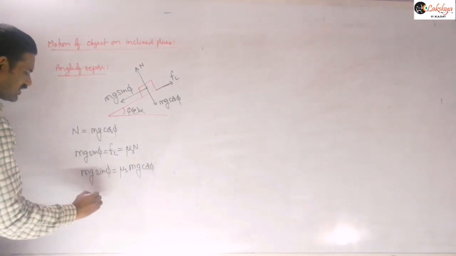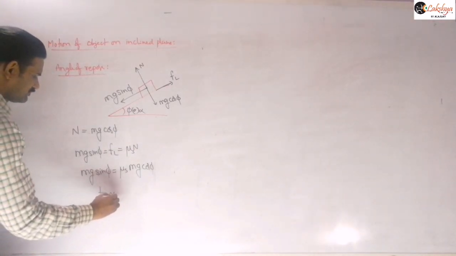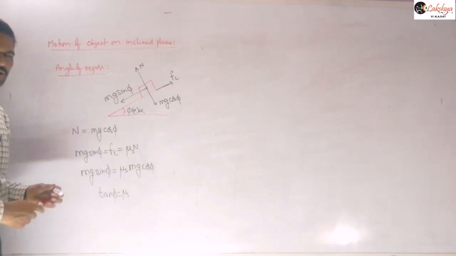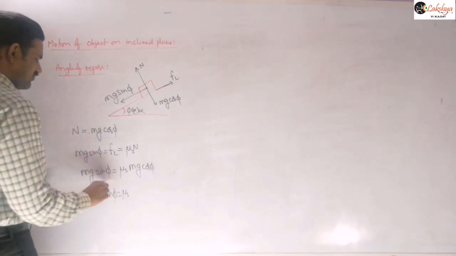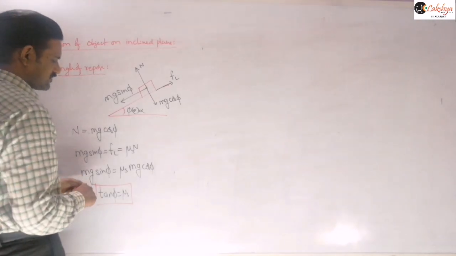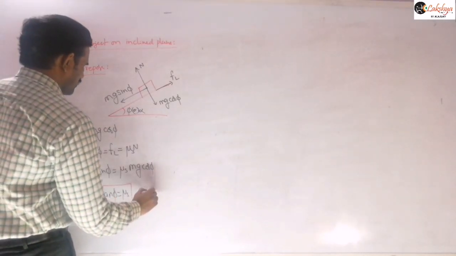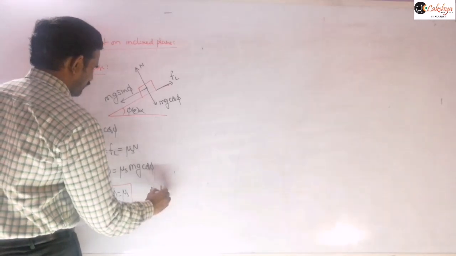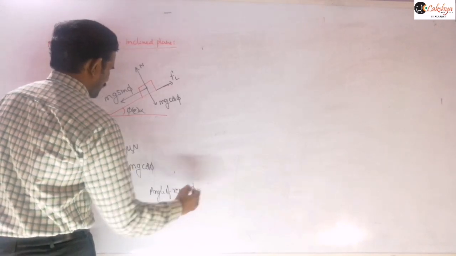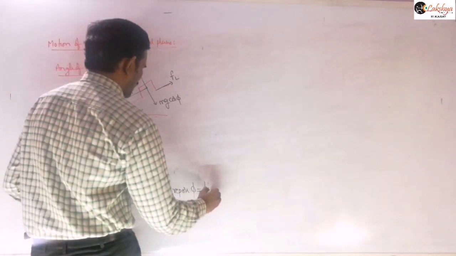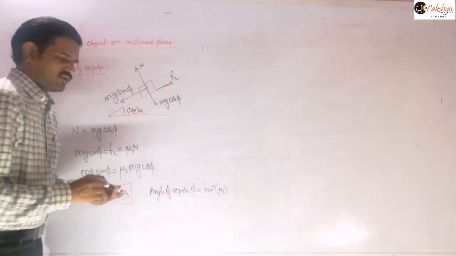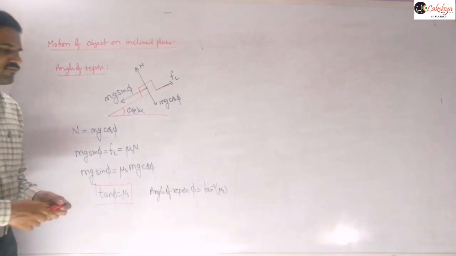From this you can write tan phi is equal to mu s. So that means the angle of repose phi is equal to tan inverse of mu s. That is our angle of repose formula.